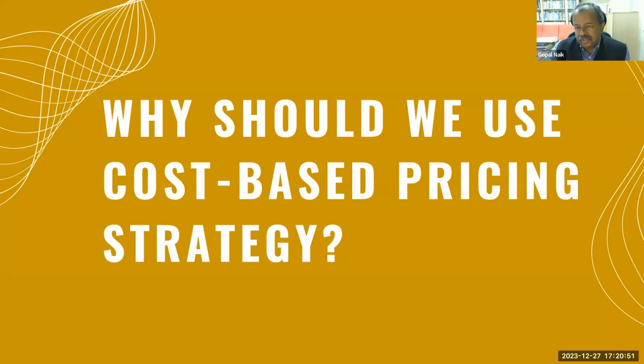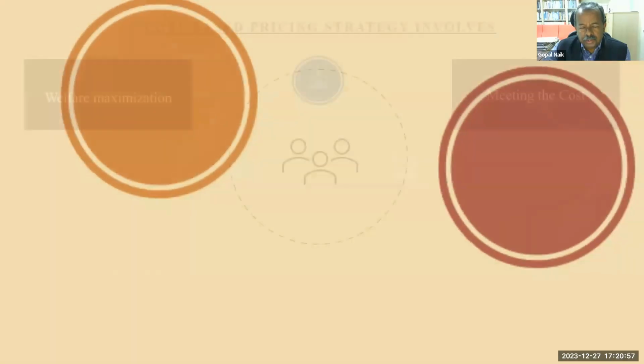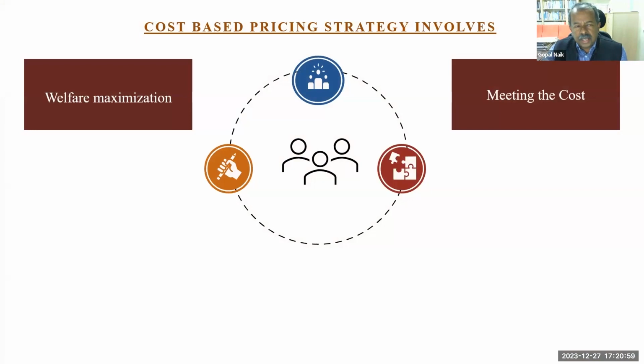So we did talk about why we use a cost-based pricing strategy. Essentially, we said that it actually maximizes welfare. You can say that, okay, I'm not going to charge any margin on this. I'm going to charge, as a service provider, only the cost.